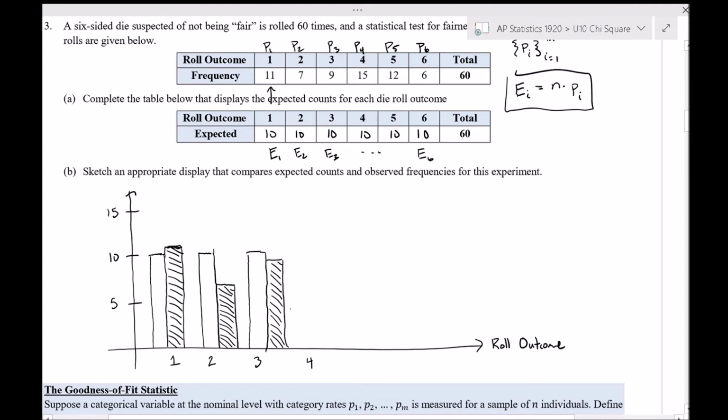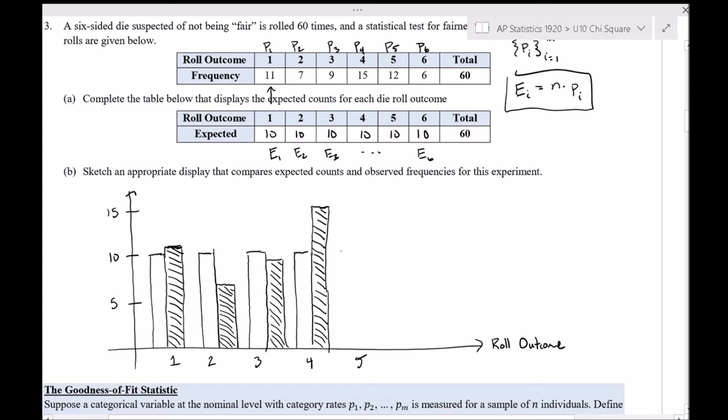4, expected, 10. Observed, 15. That was the most frequently observed value, which is probably the reason why they're suggesting this is not a fair die. Shade this in. 5.